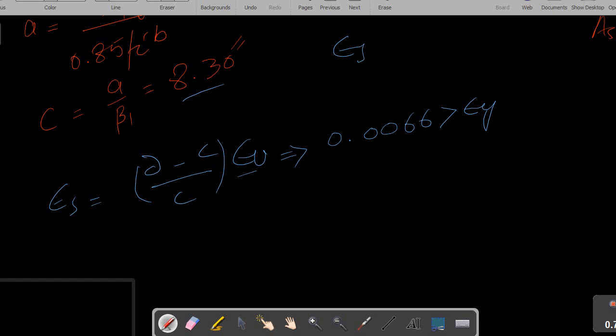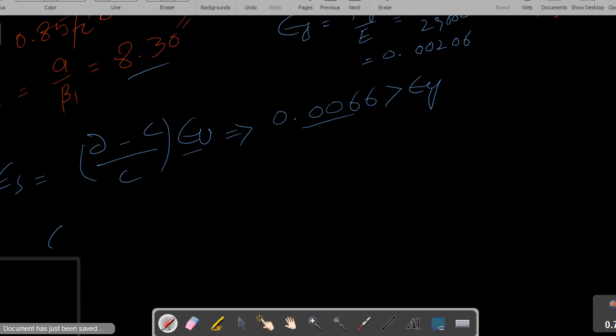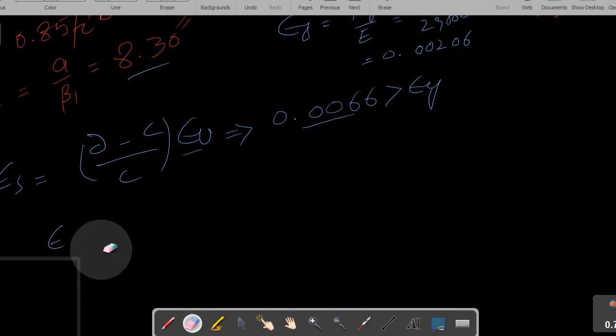Epsilon y is fy divided by E, which is 60 divided by 29,000 ksi, so this gives 0.00206. This value is more than epsilon y, which means that the assumption is right. The assumption is right.